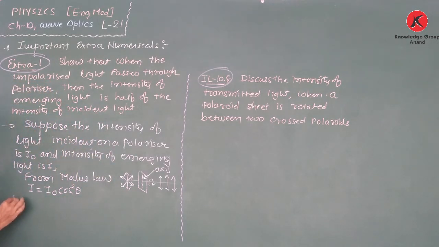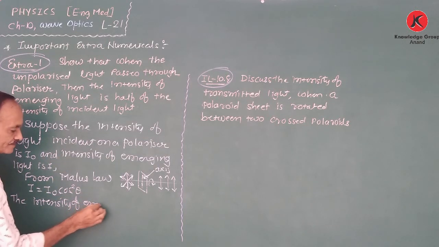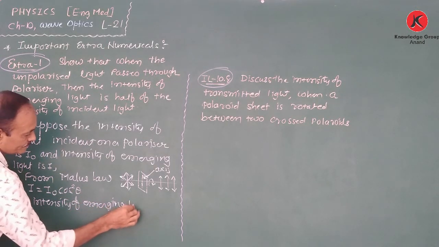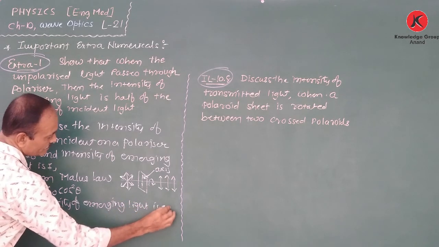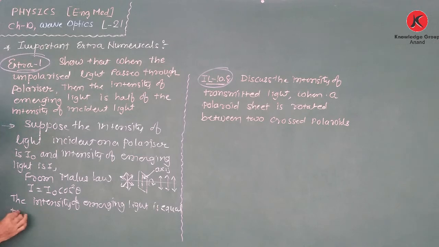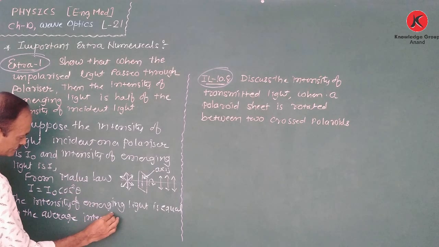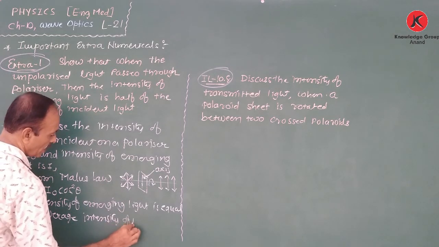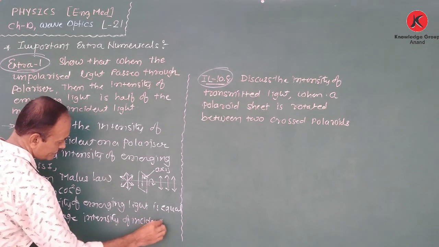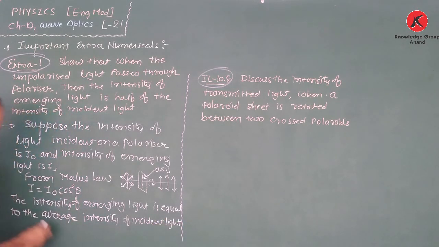Therefore, the intensity of the emerging light is equal to the average intensity of the incident light for theta from 0 to 2 pi.